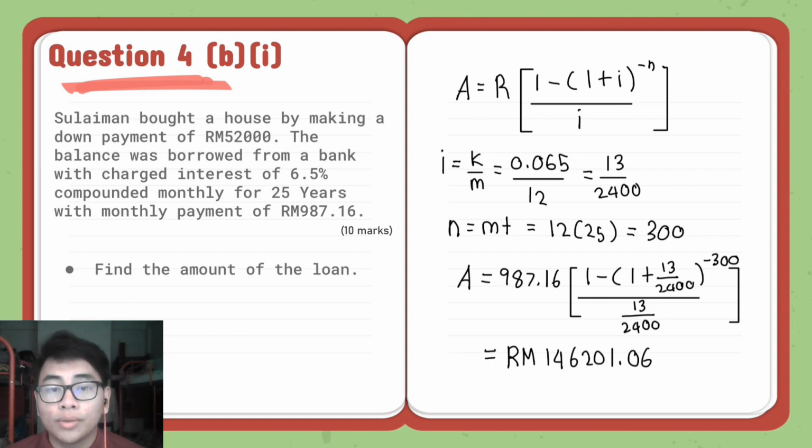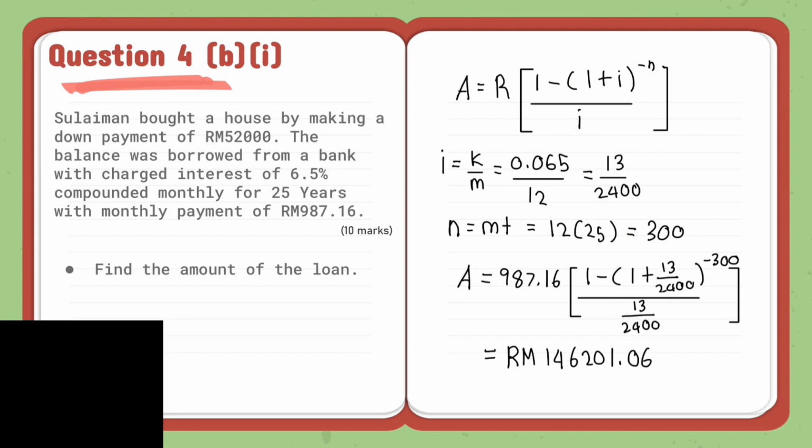So A, the amount of loan that we need to find, equals 987 ringgit and 60 cents, which is the value of R, in bracket 1 minus bracket 1 plus 13 per 2,400 to the power of minus 300, divided by 13 per 2,400. And the final answer for the amount of the loan is 146,201 ringgit and 6 cents.